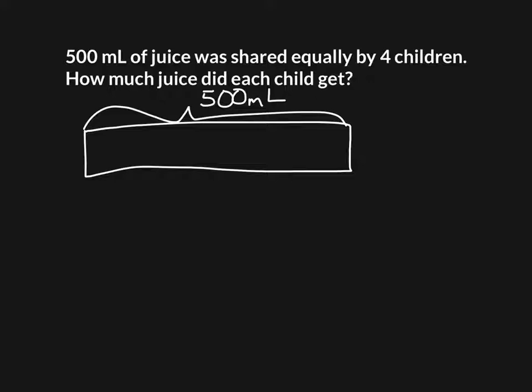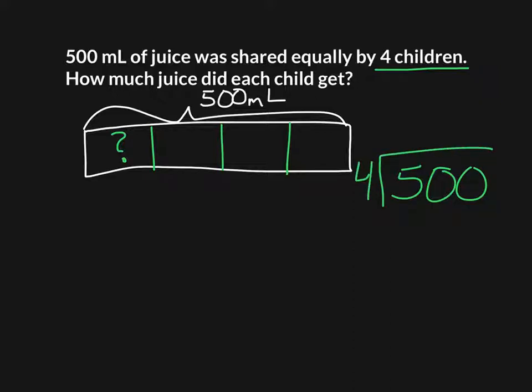Once I determine that it is the number of groups, because it says right here there are 4, it was shared by 4 children, I can again divide that into the 4 equal groups. And the amount in each group is the mystery. So 500 divided into 4 equal groups, you tell me how many milliliters of juice each child got.